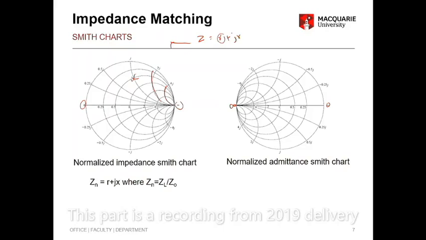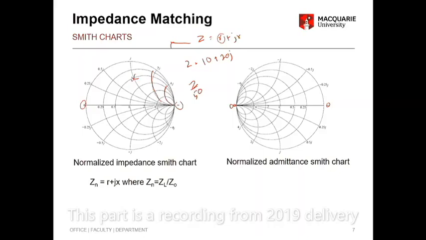Now when you actually pinpoint an impedance, you have to normalize that impedance. So for example, if I have an impedance, say 10 plus 20j, before you represent that on the Smith chart, you need to normalize that, which means you need to divide it by the reference impedance, which is 50 in our case, right?